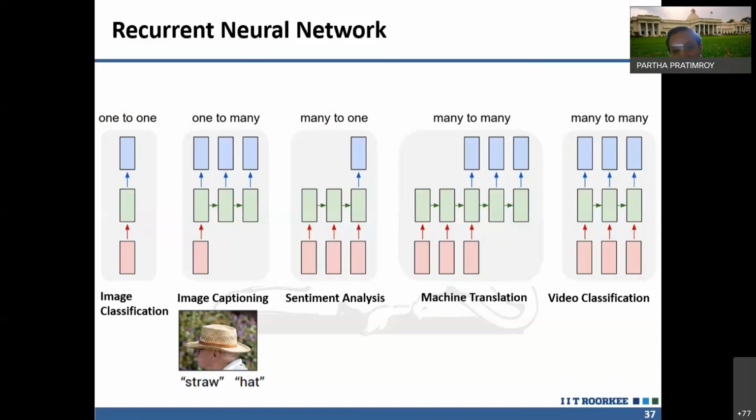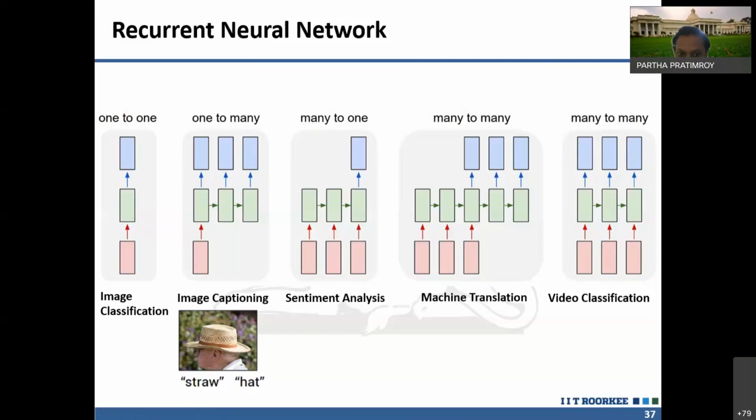From one frame you get some results, and that result you consider for the next frame as well. The next frame has a different input, and you got some results in the previous frame. So previous frame information and present frame information are both combined to get new results. That is called many to many. So these are different possibilities with a recurrent neural network.